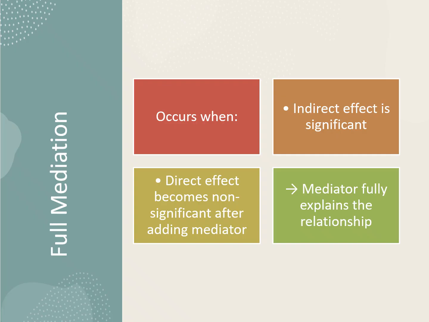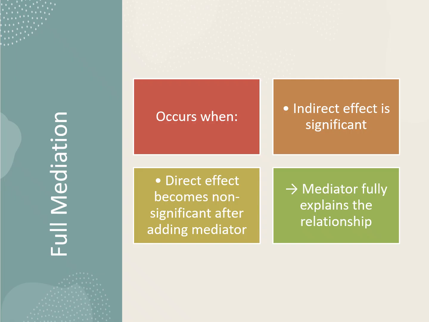And when will we call full mediation? So look here. When indirect effect is significant, I mean your specific indirect path or indirect hypothesis is significant, and your direct relationship between independent variable and dependent variable is non-significant, in this situation we will call it full mediation.